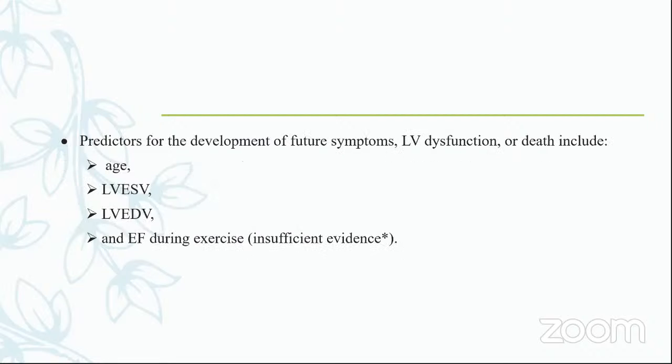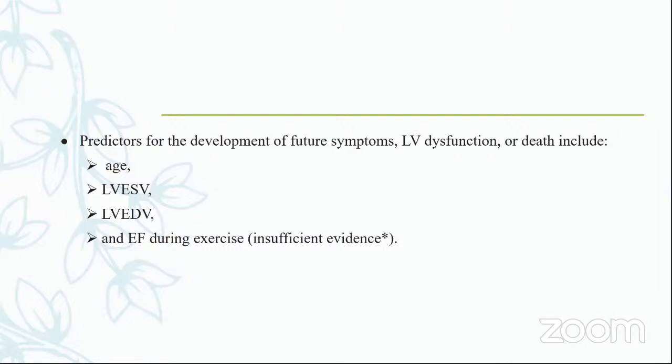The predictors for the development of future symptoms or LV dysfunction or even death can include the age, higher left ventricular end-systolic volume, higher left ventricular end-diastolic volume, and ejection fraction during exercise.